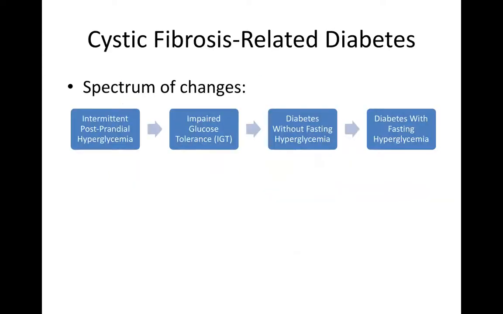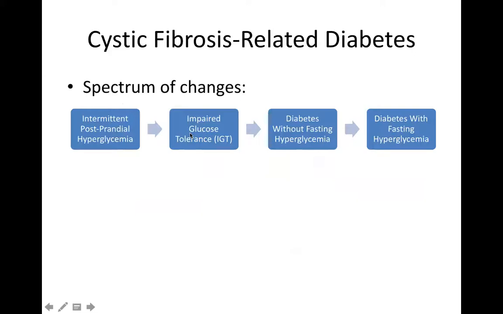So what happens as your cystic fibrosis related diabetes progresses from normal to full-on diabetes is that at first you have intermittent postprandial high blood sugars, meaning intermittently after you eat, particularly a high carb meal, your blood sugar will spike. Eventually you develop impaired glucose tolerance.